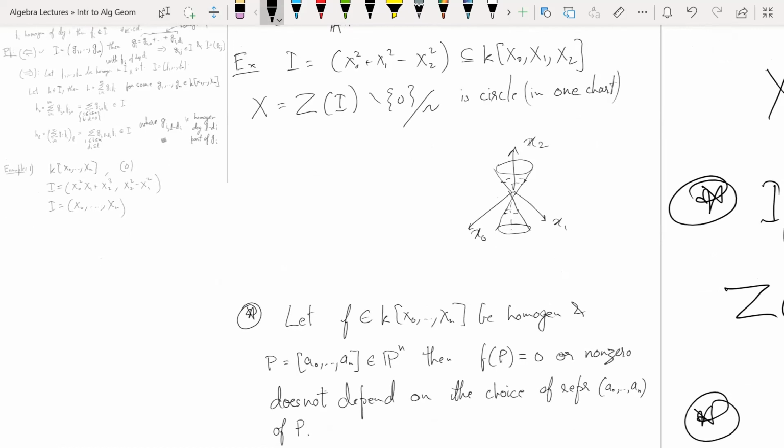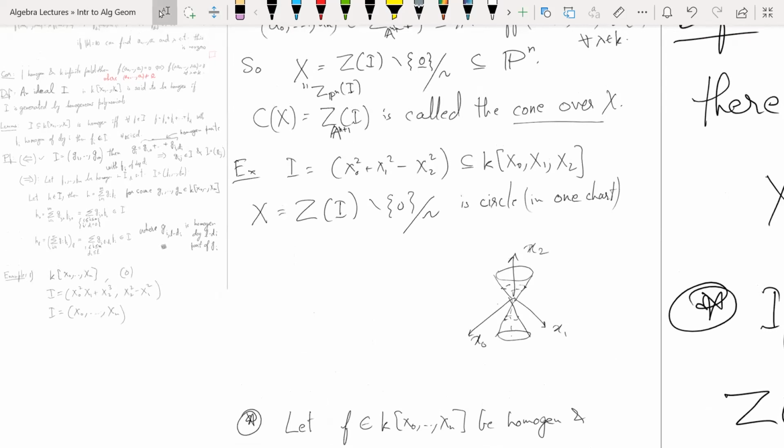So if you put x naught equals 0, then of course you get two lines. But if you vary x naught, then you get some hyperbolas. I don't know, if someone is good with graphics, then they can make it look like how this is a cone over various hyperbolas.